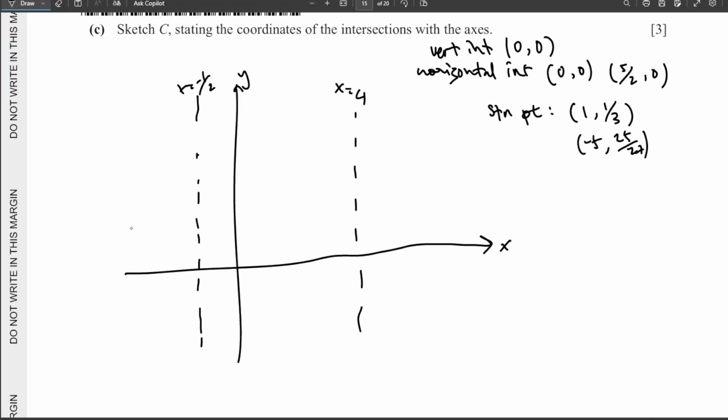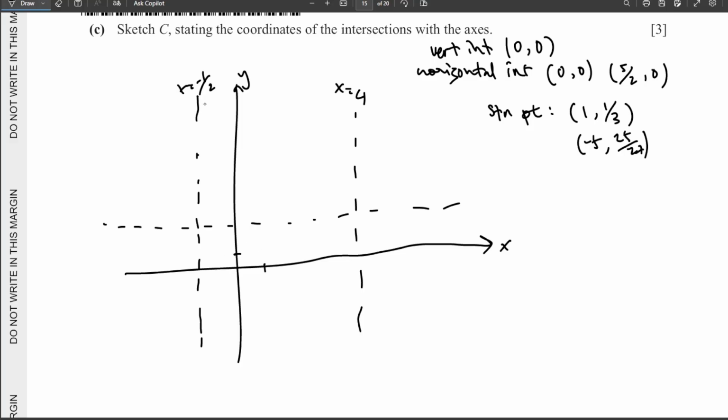And then also there is a horizontal asymptote. Let's sketch that also. From the stationary point, 1 over 3, it's probably somewhere here. 1 is here, then 1 over 3 is maybe here.